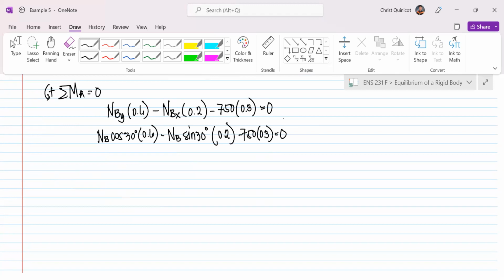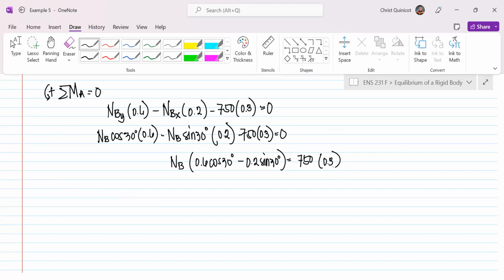We transfer 750 times 0.3 to the right-hand side of the equation, and then we factor out N sub B. So this becomes N sub B times the quantity 0.6 cosine 30 degrees minus 0.2 sine 30 degrees is equal to 750 times 0.3.